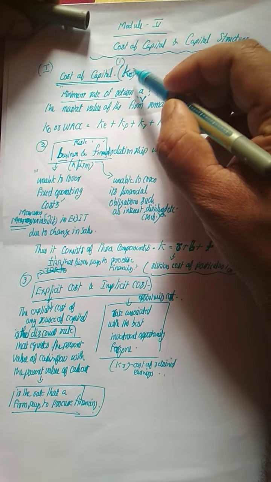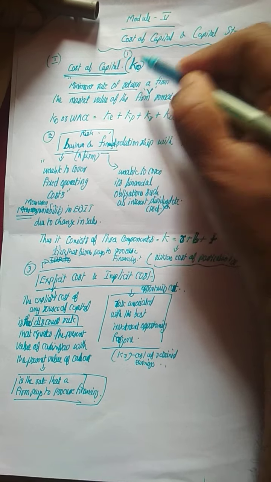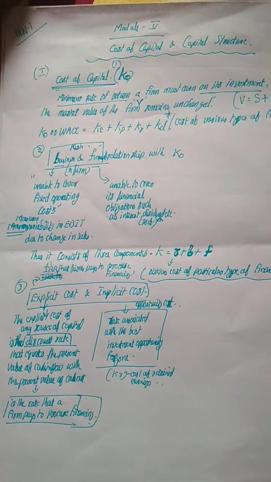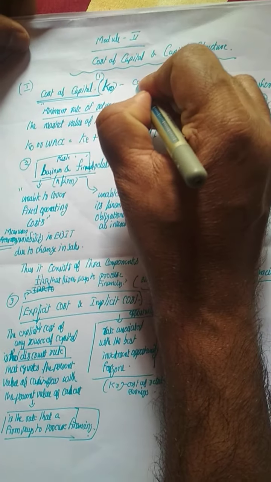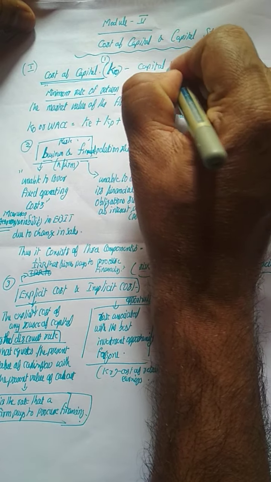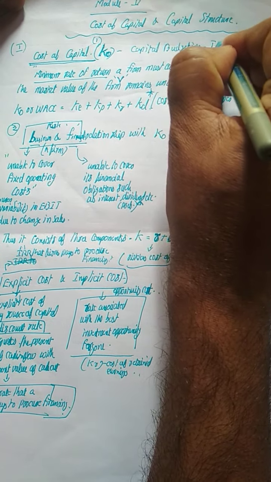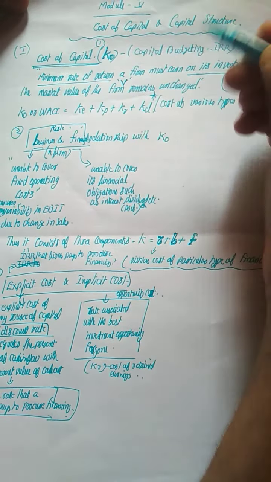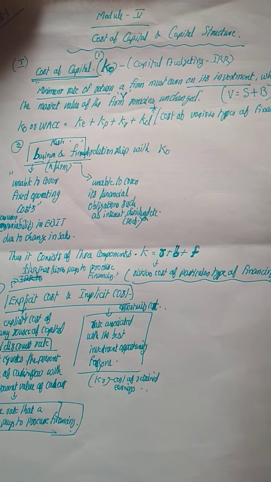So, KO is the term which is used for overall cost of capital. This KO we had studied in the chapter Capital Budgeting 2. While studying capital budgeting IRR method, we had studied this KO. So what is KO or what is cost of capital?